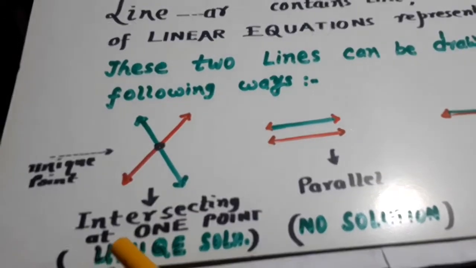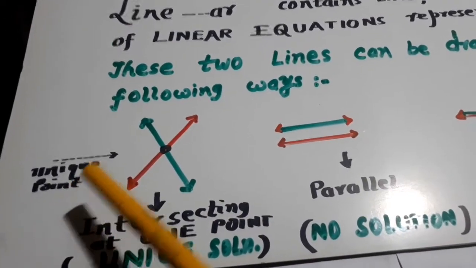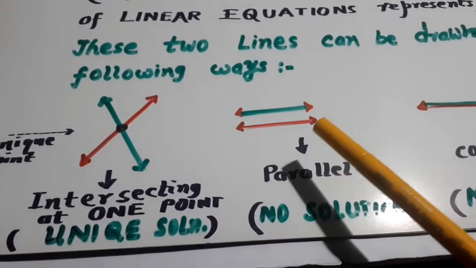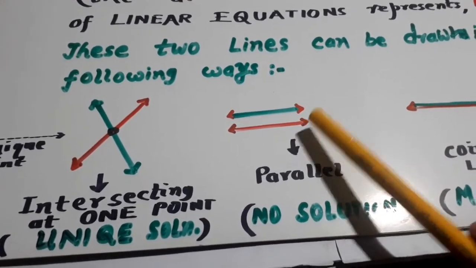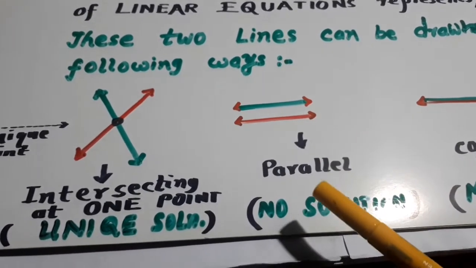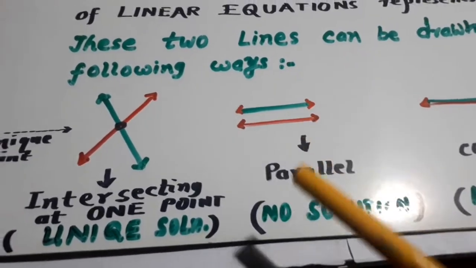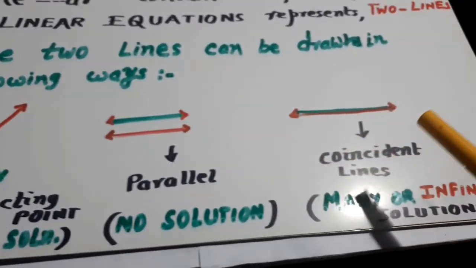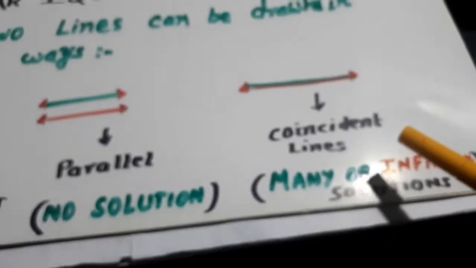Either they will be intersecting each other at a unique point, one point. And this is a case where they are parallel. There is no solution, there is no intersection, there is no point common. And the third case is coincident lines.